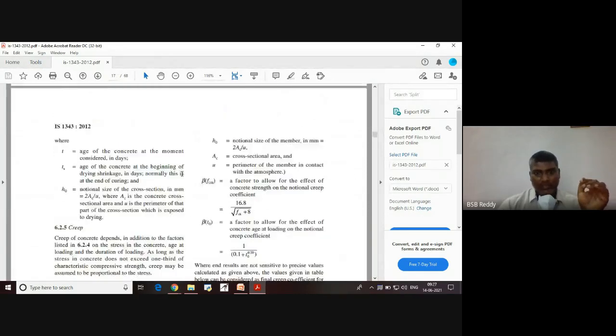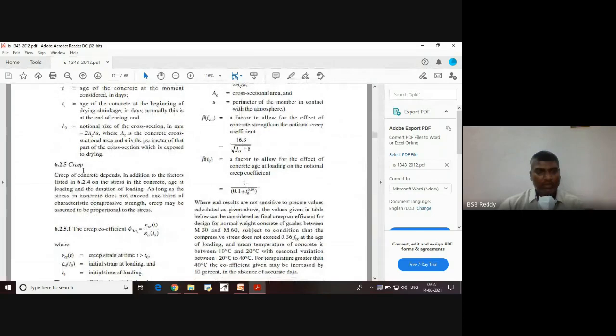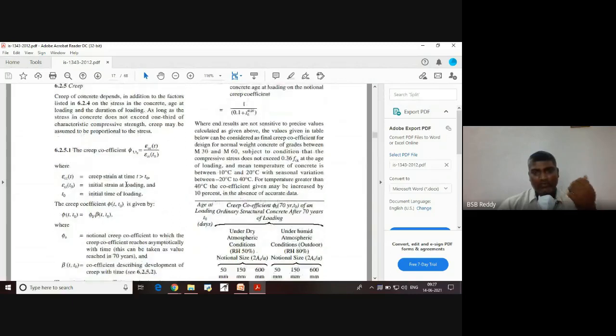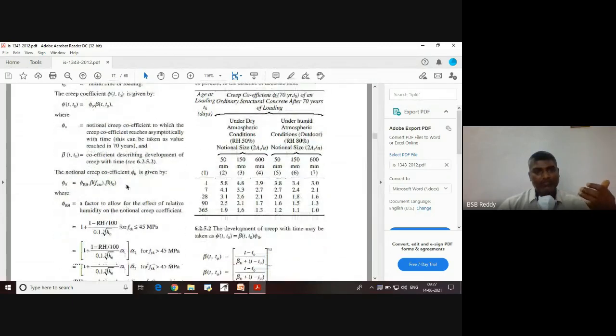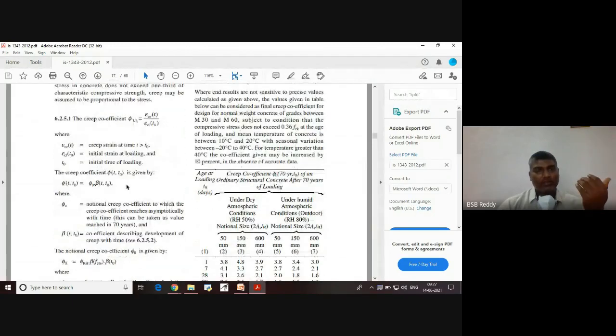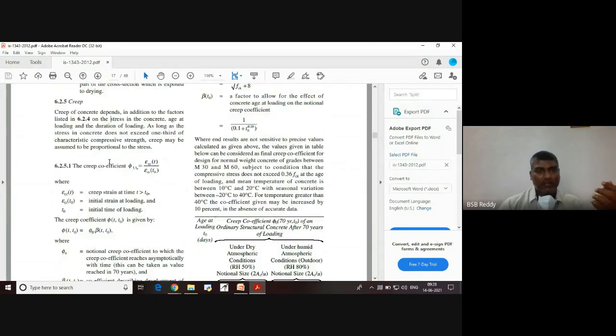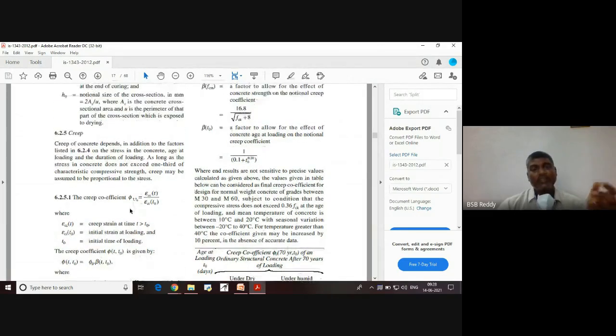Okay. And similarly, for creep we have 6.2.5, which is to be followed in the IS code, to calculate the creep coefficient value. So depending on the creep coefficient, we will be finding losses in the pre-stress.